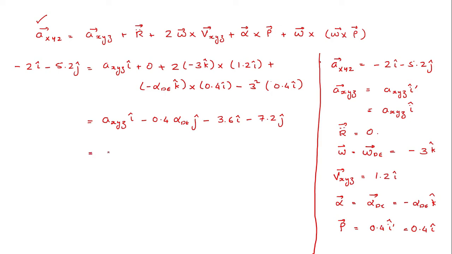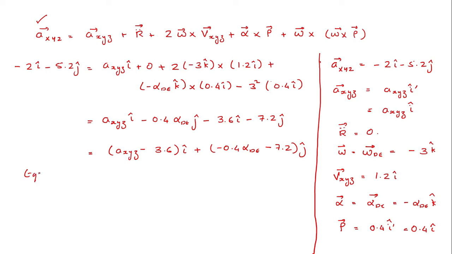Now this will be equal to, I'll equate the common terms, (a_xyz - 3.6) into i cap plus (-0.4 alpha_DE - 7.2) into j cap.